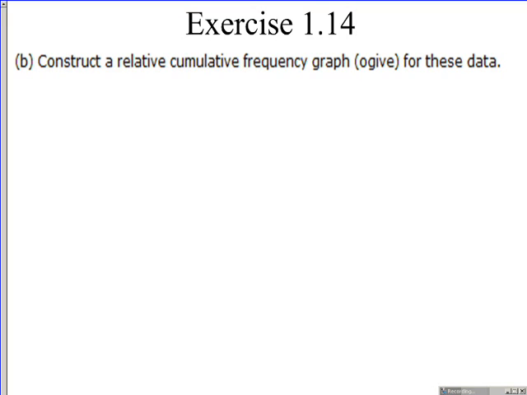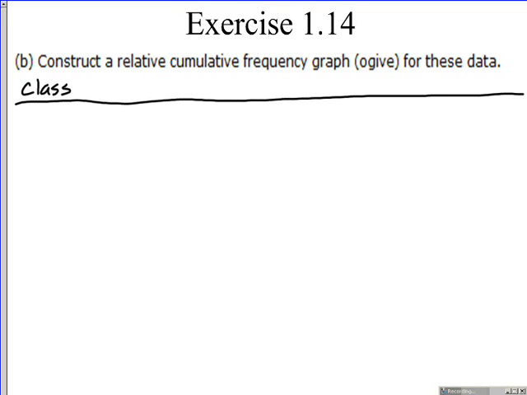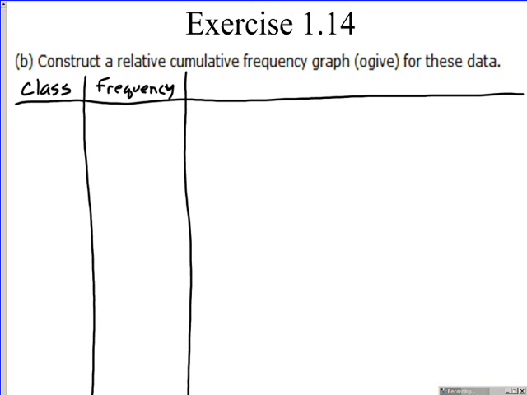Construct a relative cumulative frequency graph or ogive for these data. So again, we're going to need 5 columns. We need whatever class we're going to pick out. We need a frequency column. If we were doing a histogram, that would be all we need, class and frequency columns.